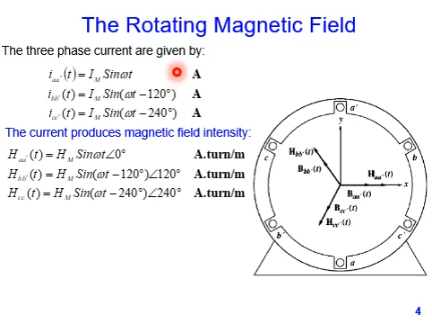But this current produces magnetic field intensity, which has been shown by H AA bar, H BB bar and H CC bar. It can be seen from the figure.